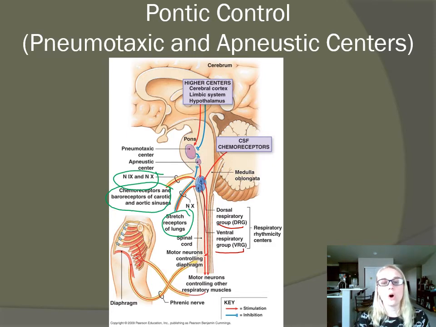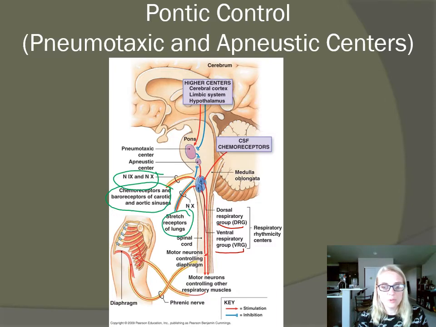Okay, so all of these, the pontine control, the medullary control, chemoreceptors, baroreceptors, stretch receptors, all of this is culminating in the pons and the medulla to determine the rate and the depth at which you need to breathe to maintain homeostasis. That's the whole goal, right? So maintaining homeostasis.